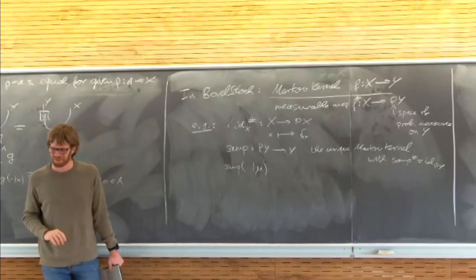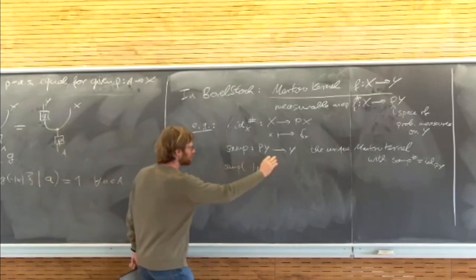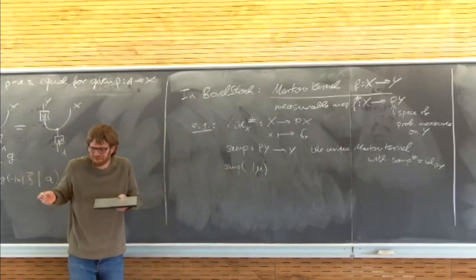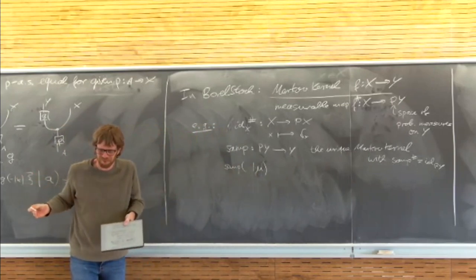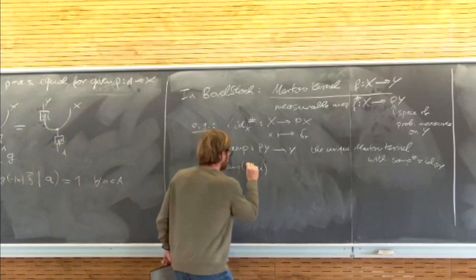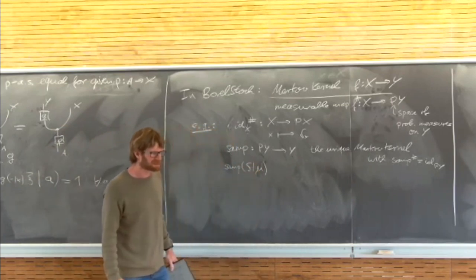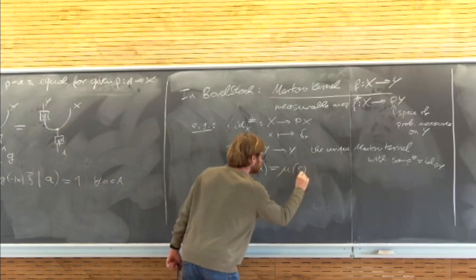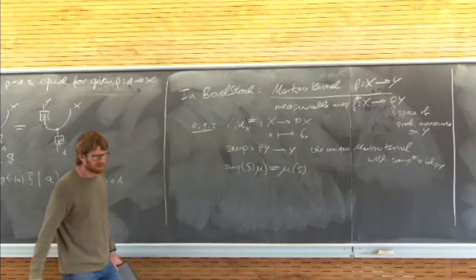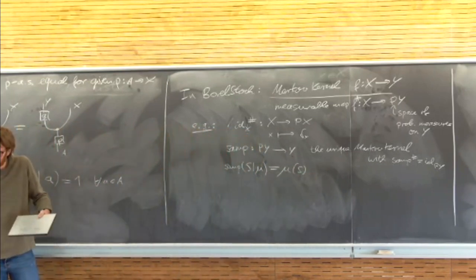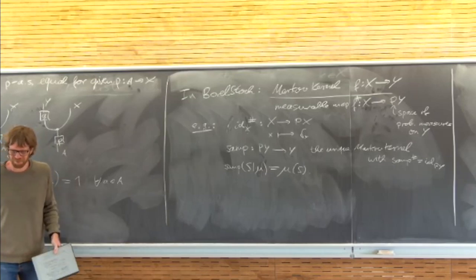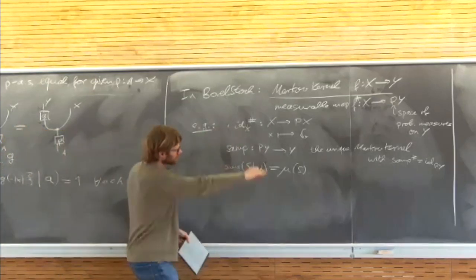And now the output should be a probability measure on y, and of course it's going to be mu itself. Meaning that if I evaluate this on some measurable set S, I'm going to get mu of S. This is the canonical thing to do, and therefore it obviously must correspond to the identity under our bijection.